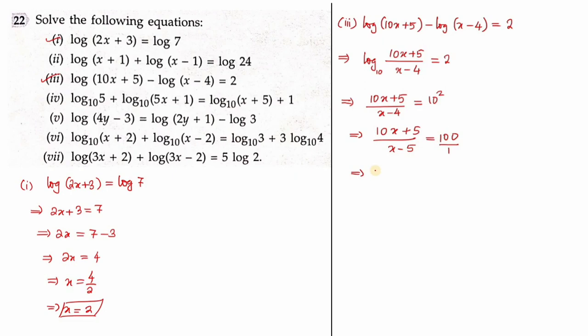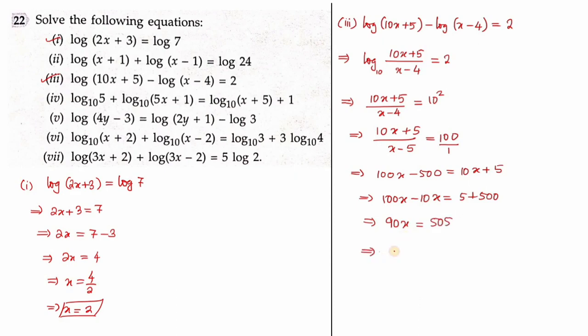So let me do this cross multiplication. 100x minus 400, and on the other side it is 10x plus 5. So bring x on one side, the constants to the other side. So it is 100x minus 10x is equal to 5 plus 400. So you have 90x is equal to 405.